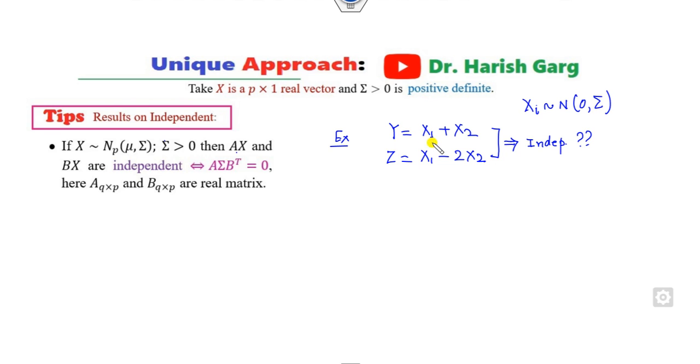You can construct this A. So A is (1 1), and for Z, B is (1 -2). So if I substitute the value of A, A sigma B transpose, if this is 0, then they are independent, and the converse is also true.